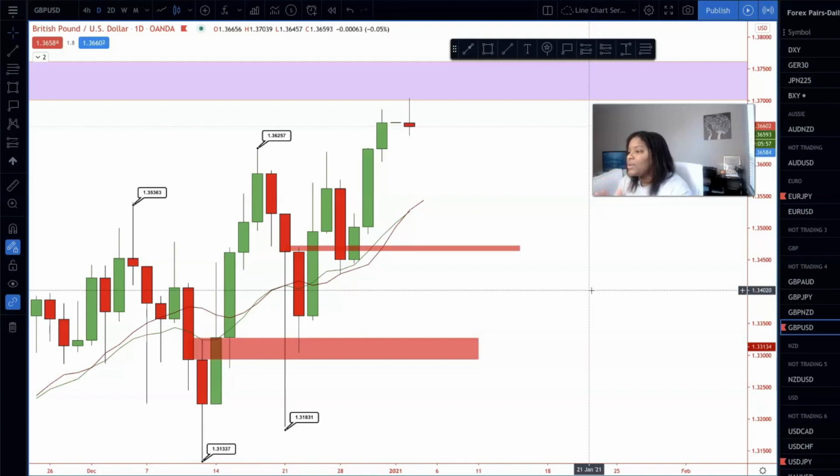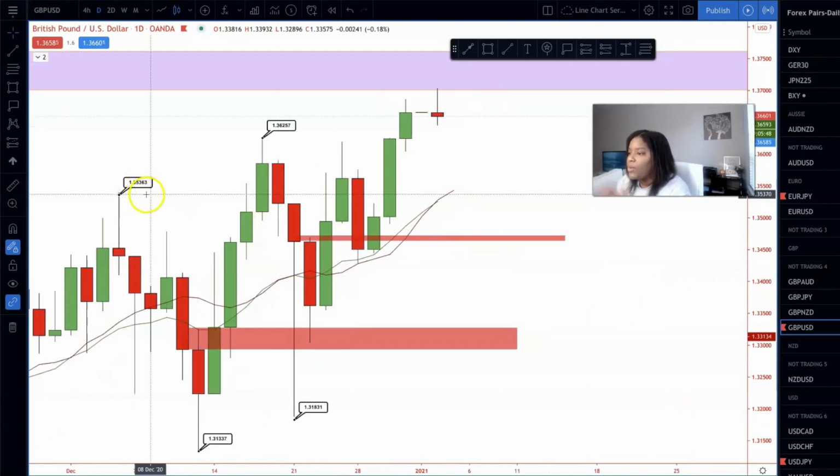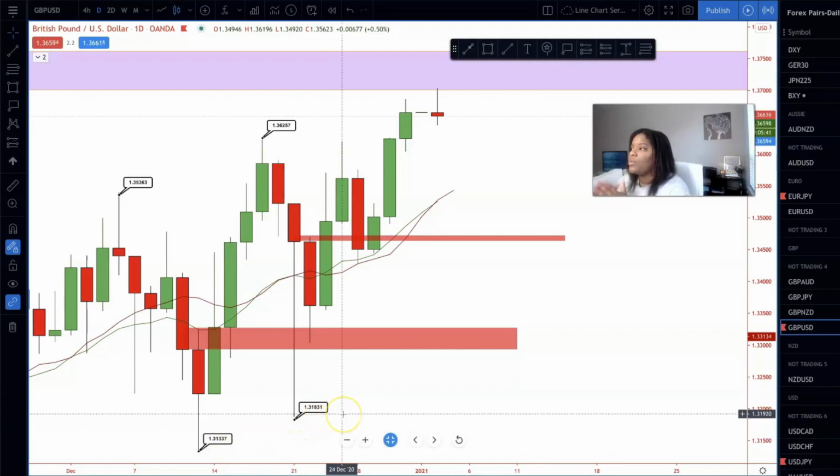Now, some of you guys who are looking at this may say, but Shaquan, when you look at the exchange rates they're pushing up, because if we look at it, 1.35, 1.36, 1.31337, 1.31831, they're going up, and you're absolutely correct. But if we go up to the monthly time frame, what you'll notice is this pair is actually overall bearish. So that's why I'm calling this area the retracement area.